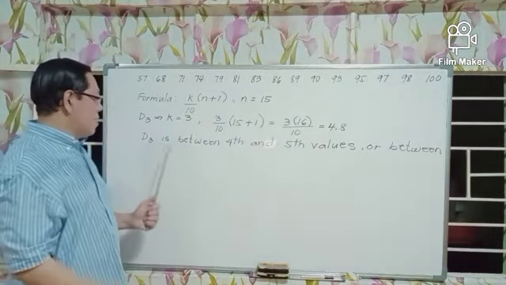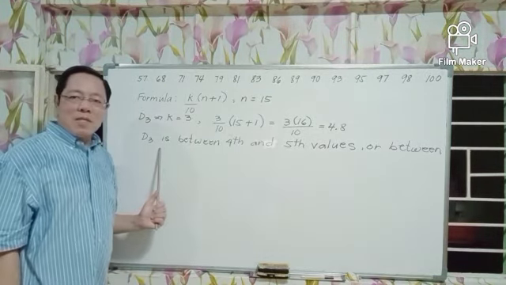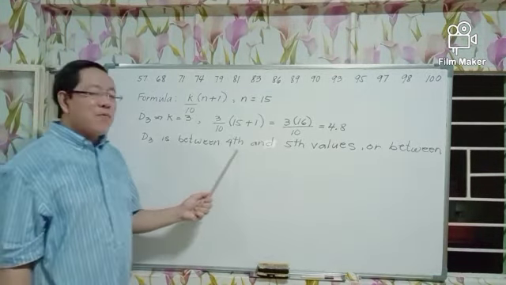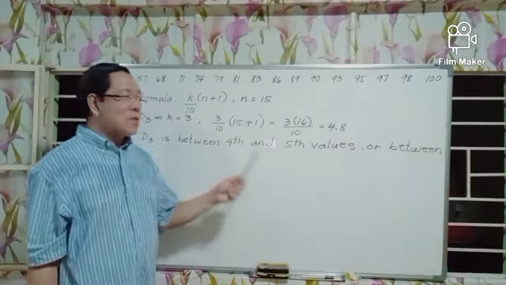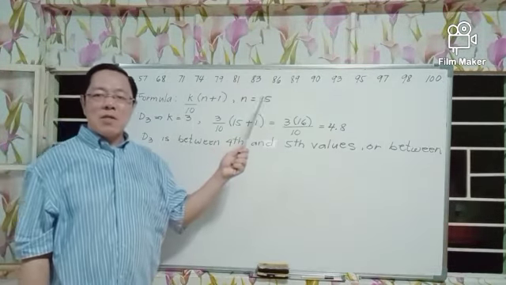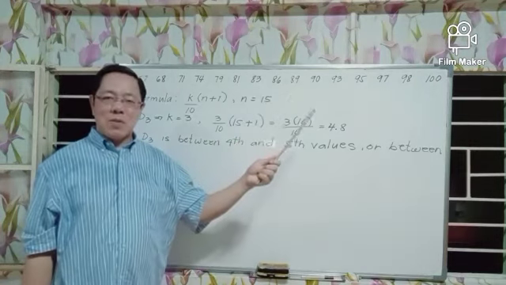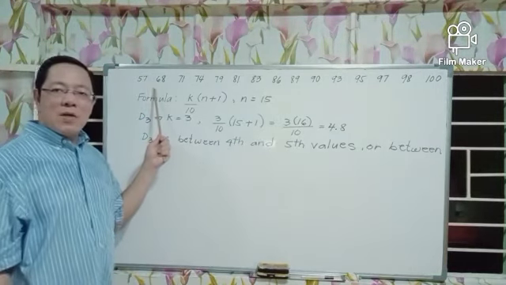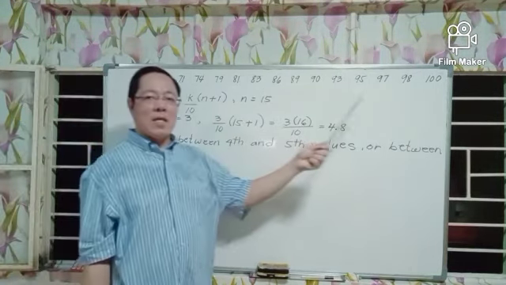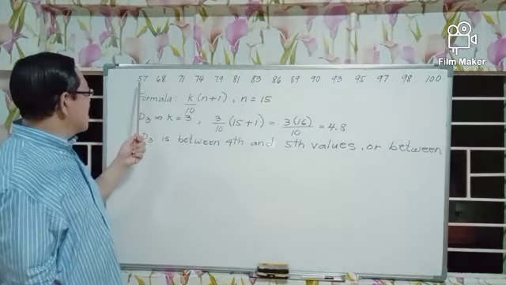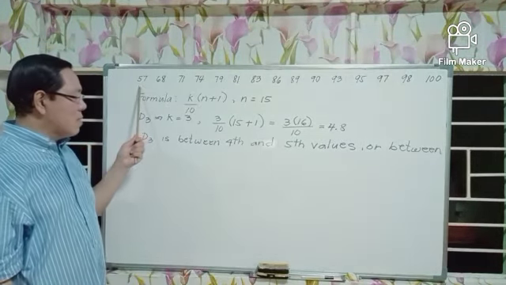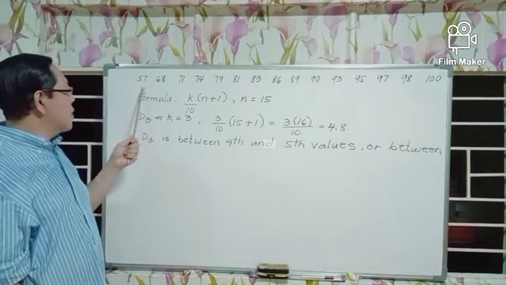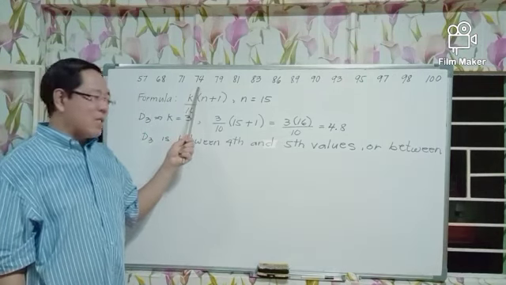Thus, we say that the value of the third decile is between the fourth and the fifth values in the set of values arranged in ascending order from the lowest to the highest. And from the lowest value, we find the fourth value: 1, 2, 3, 4, 74.